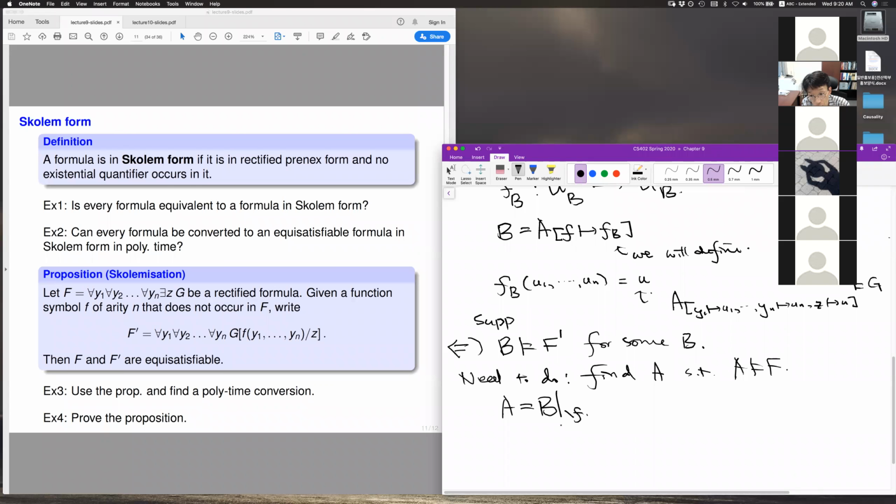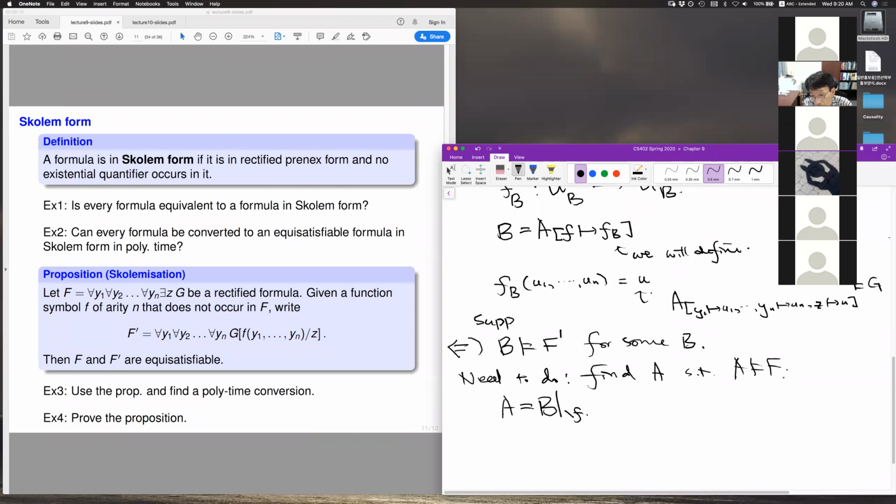Here I'm assuming A is of a signature which doesn't contain this function symbol f, and B is over the signature which contains the function symbol small f. So we just get rid of this extra binding so that we get an appropriate structure.